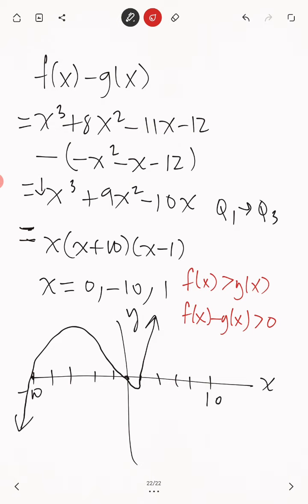So all I need to do is look at my difference function here and find the intervals where that function is greater than 0, so above the x-axis. And so that gives me, again, the same intervals as before. x is an element of negative 10 to 0, union 1 to infinity.